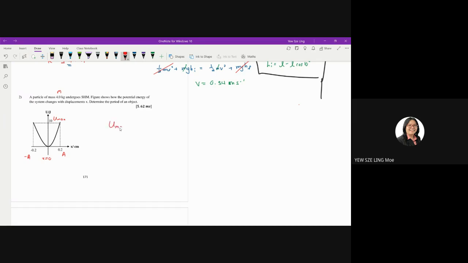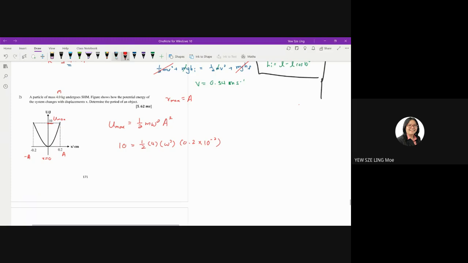So U max equals 1 over 2 m omega squared A squared, because the x maximum is equal to A. So 10 joule equals 1 over 2, 4 kg, omega is the one we want to calculate, and A is 0.2 times 10 to the power of negative 2.